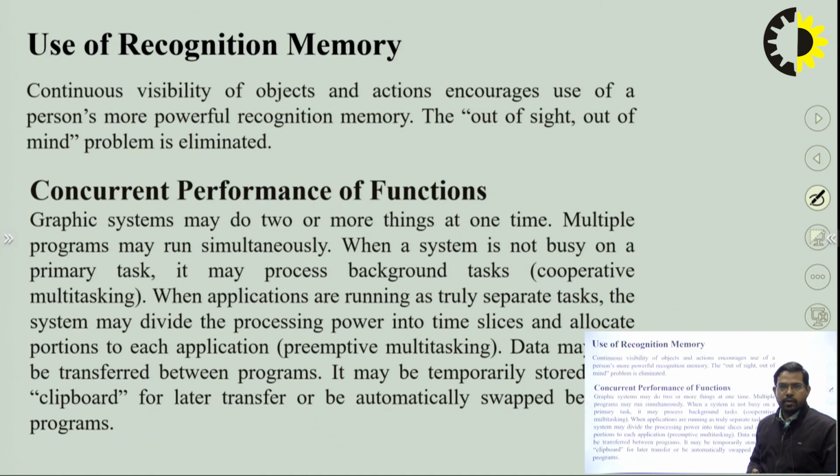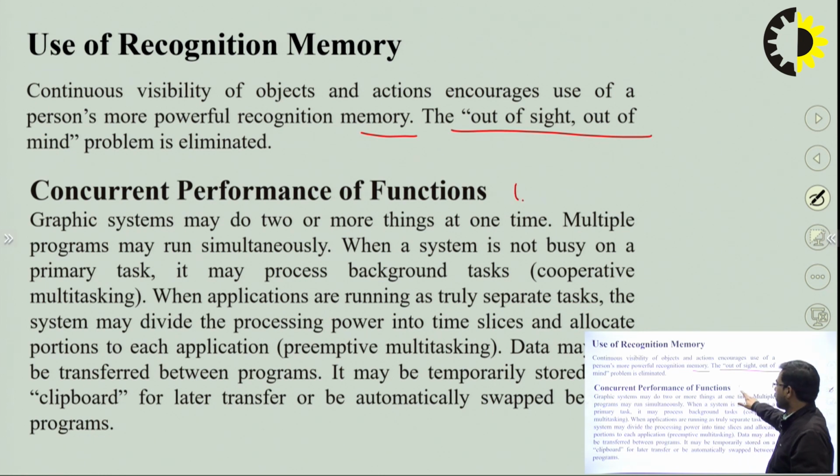Use of recognition memory. We already know the human cognitive process remembers things which have happened to that particular person. So continuous visibility of the objects and the actions encourages use of a person's more powerful recognition memory. Out of sight is, we can say, out of mind. So that problem is eliminated if we continuously see the particular object and the action.